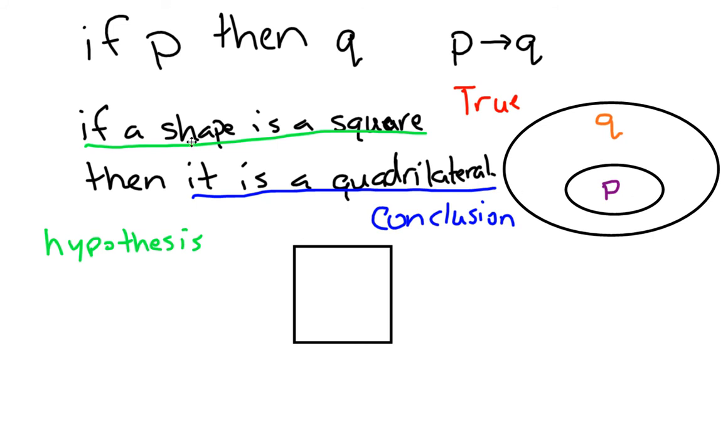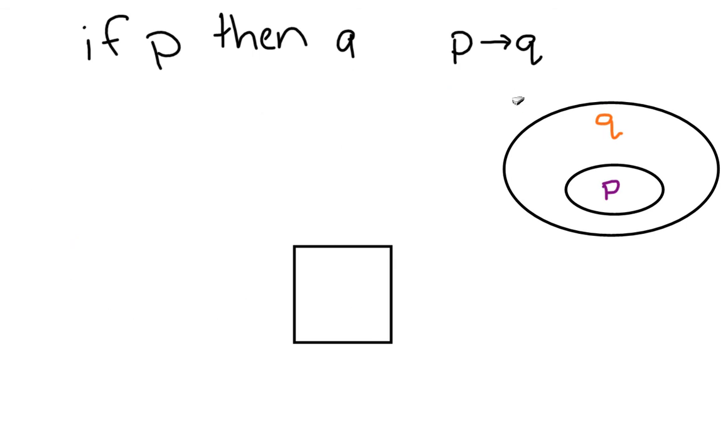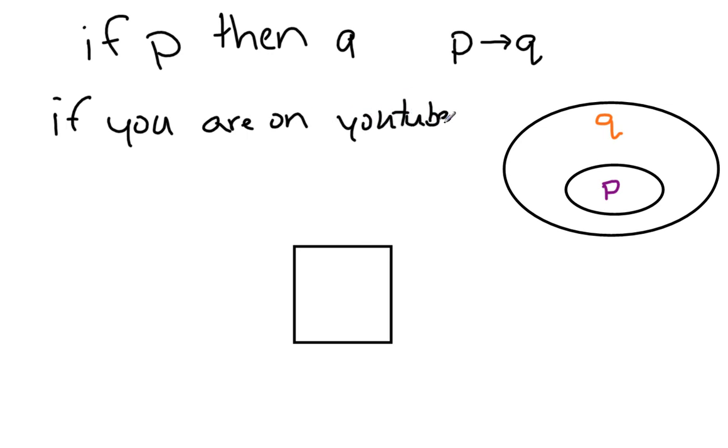Okay, if we look at another example here, let's erase this, and we can look at another one that's not true. So let's say if you are on YouTube.com, then what are we doing on YouTube?